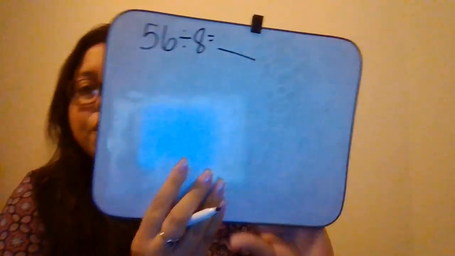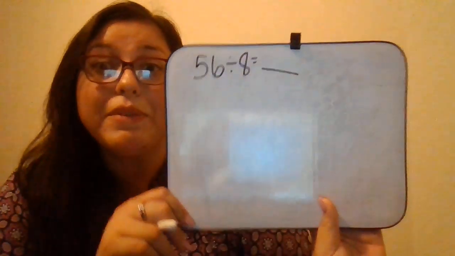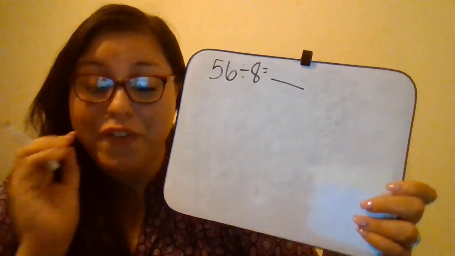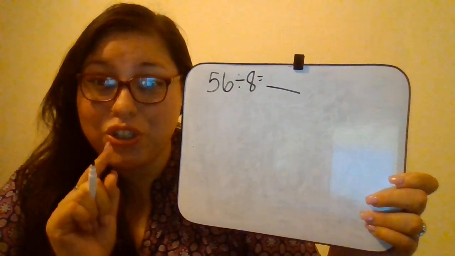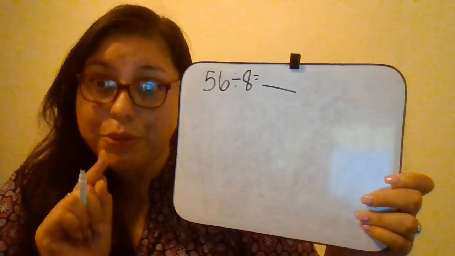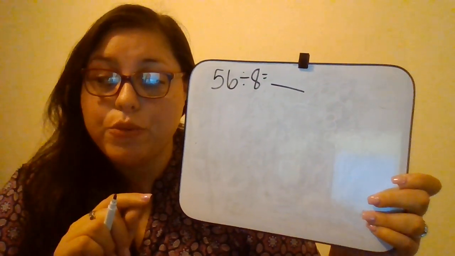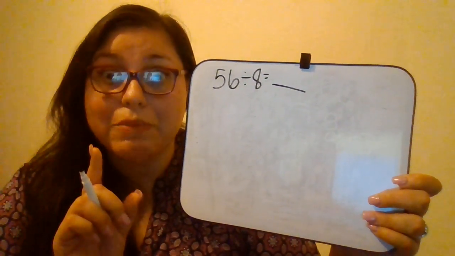And so we have to find 56 divided by 8 equals this. That's for number 2. I'm going to give you some examples so you can practice, practice, practice, and see what's your favorite strategy. What do you like better? Arrays, groups, or the repeated subtraction.